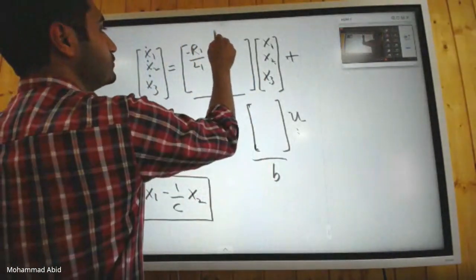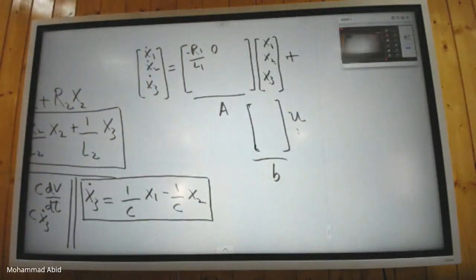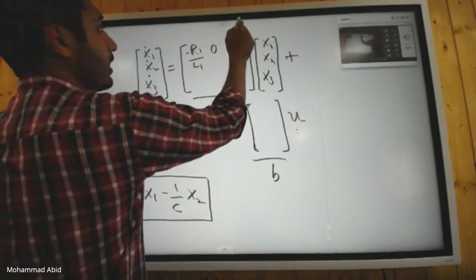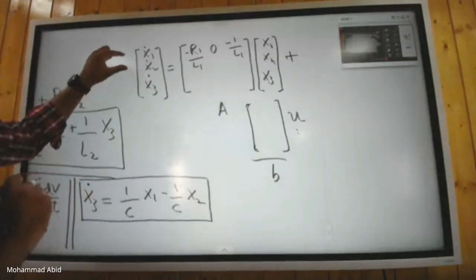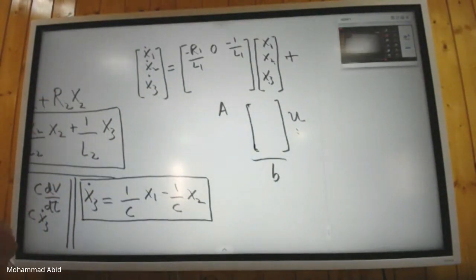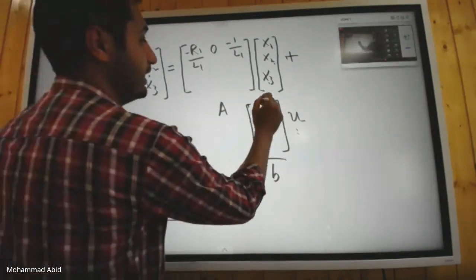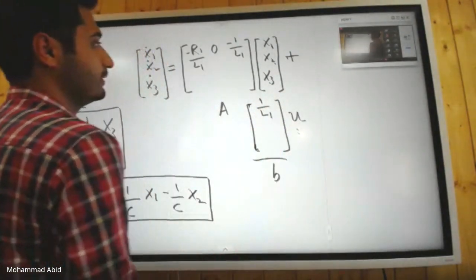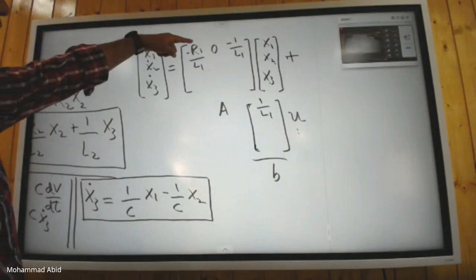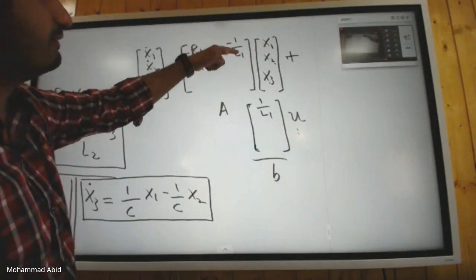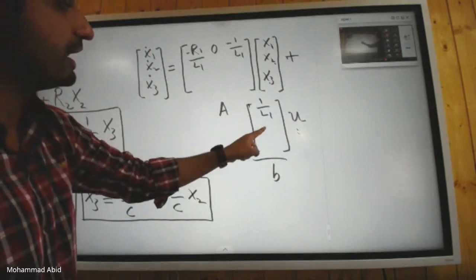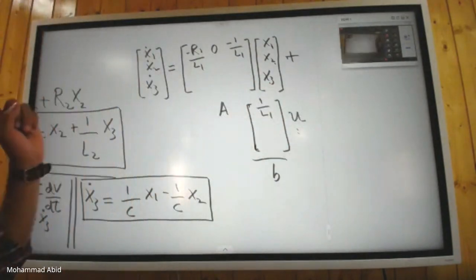For x3, what do we have? Minus 1 by L1. Just check it. For U, I'll have 1 by L1. That completes my first equation: minus R1 by L1 times x1 plus 0 times x2 minus 1 by L1 times x3 plus 1 by L1 times U.